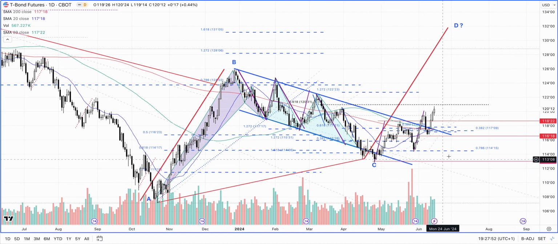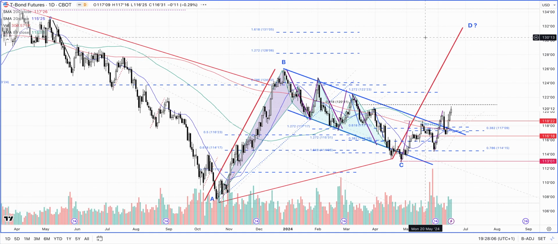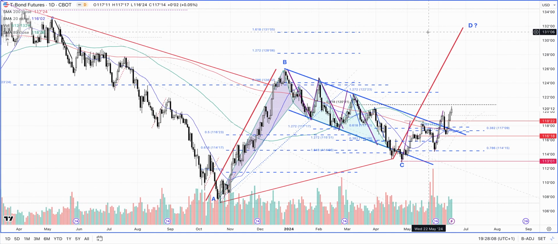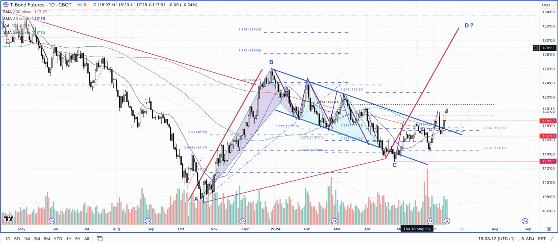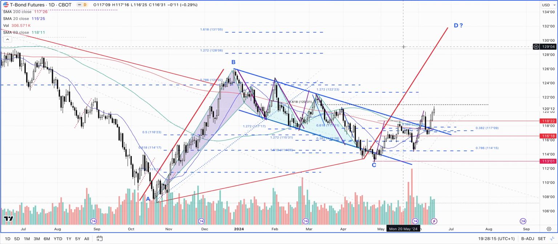Because of that, and also because it closed above this channel line for 3 consecutive days, also above 118.22, we believe that we are in the CD leg higher, which could see the market move as high as around 131, maybe a little bit higher. It will still be a bear market, but the course of least resistance seems to be higher in this CD leg.